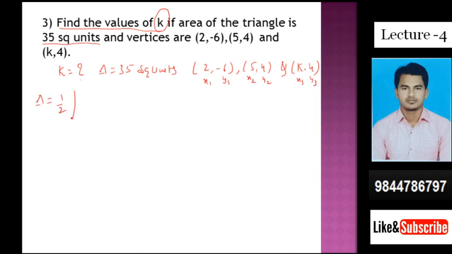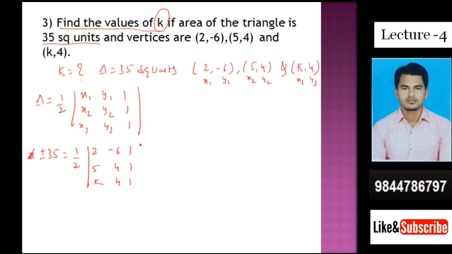Delta is equal to half into determinant of x1 y1 1, x2 y2 1 and x3 y3 1. Now substituting the value of delta, that is plus or minus 35, 1 by 2 determinant of 2 minus 6 1, 5 4 1, k 4 1.